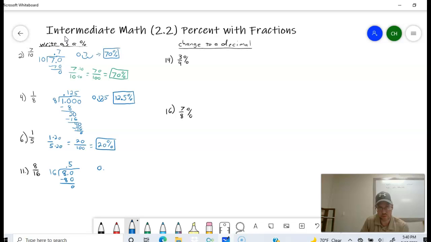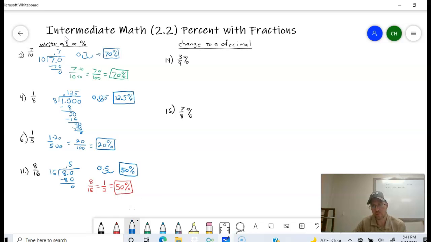So 0.5, move my decimal place 2 places to the right, I get 50%. Right, and the reason I say golly is because that's one that we should immediately recognize. If we just reduce that, 8/16 reduces to 1/2. Clearly 1/2 is equal to 50%. So if you can catch that stuff early, you won't have as much work.